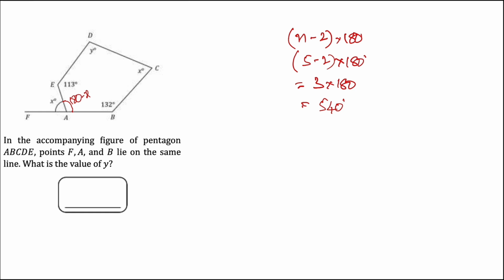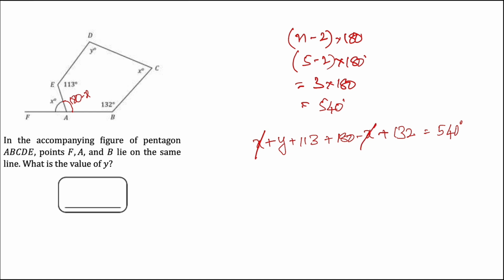So what are the 5 angles in this given pentagon? So one angle is x, the other is y, 113, 180 minus x, plus 132. The sum of all these 5 angles is equal to 540 degrees. Plus x and minus x will get cancelled.